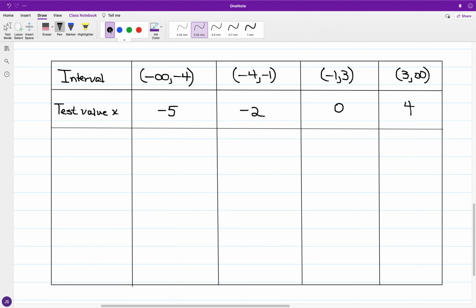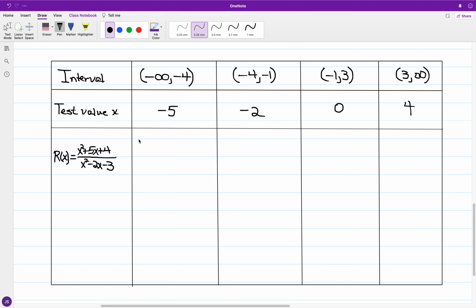Now for what we have in the case of the value of r of x, again we have x squared plus 5x plus 4 all over x squared minus 2x minus 3.